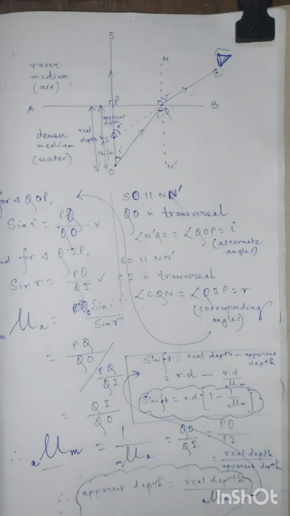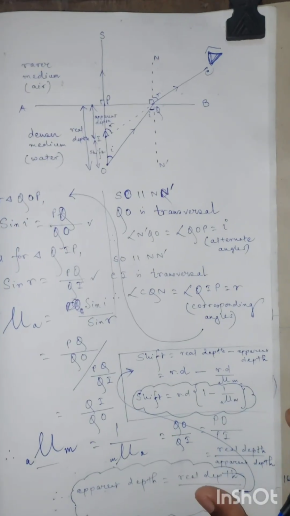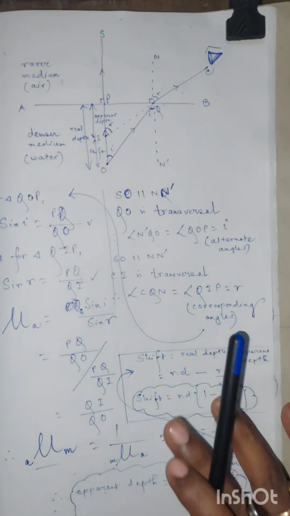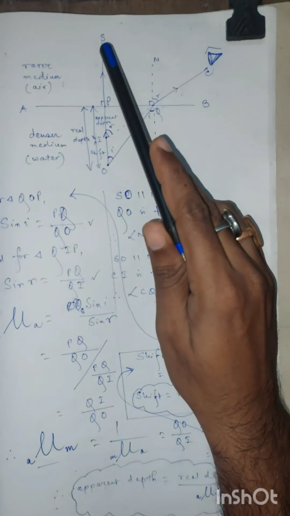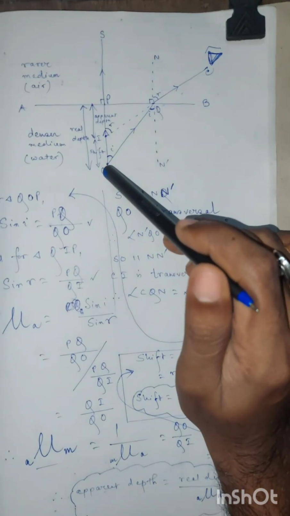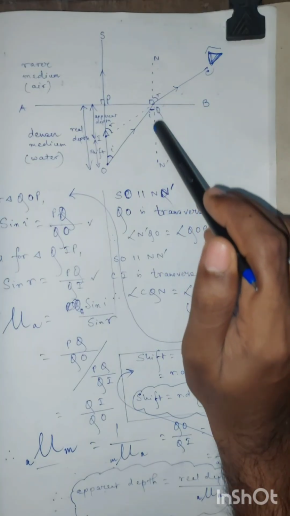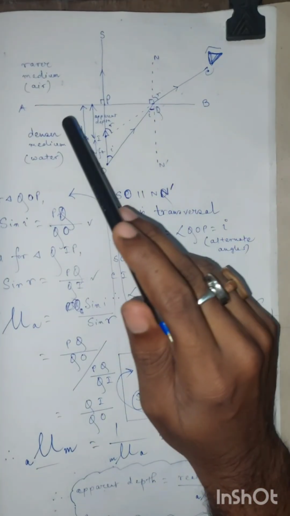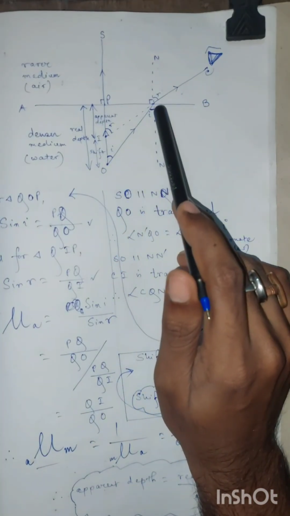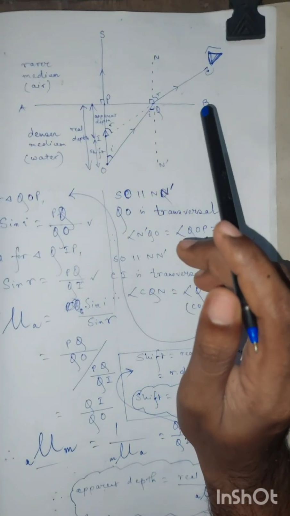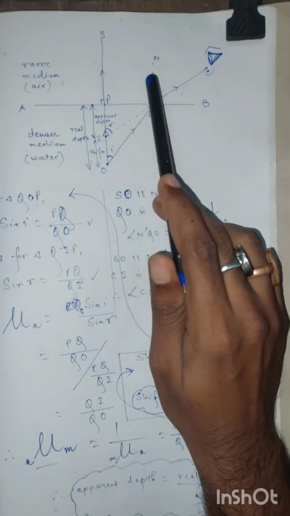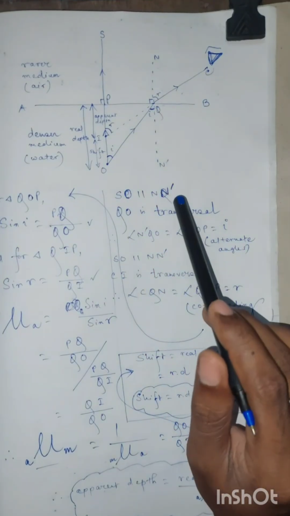Now let us understand it. SO is parallel to NN dashed. Why? Because these are the perpendiculars on the same straight line AB. So these two lines should be parallel.